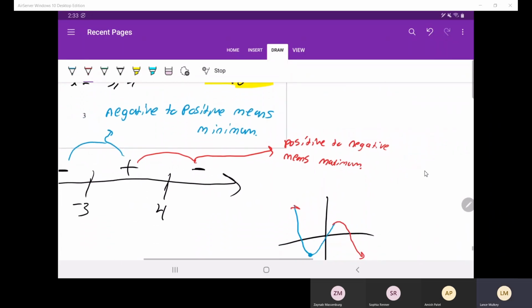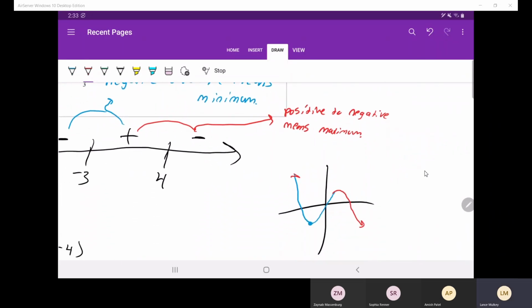All right, so positive to negative means you have a maximum. See how it's increasing and it starts decreasing? That means there's a maximum. When it's decreasing and it starts increasing, that means there's a minimum.